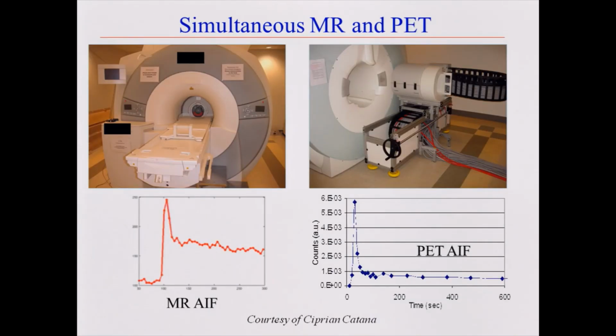And I think a very nice way that MR and PET may come together is in the domain of imaging energetics, and I'm sure most in the audience are now familiar with the development of simultaneous MR PET systems. This was one of the prototype PET inserts developed in our center by Cyprian Catana and others.